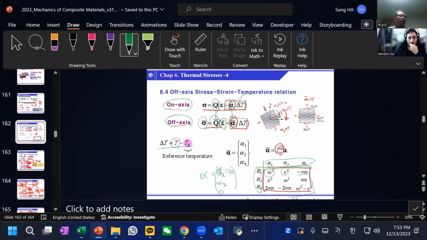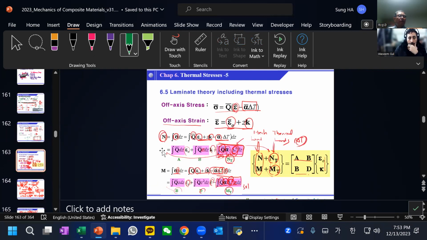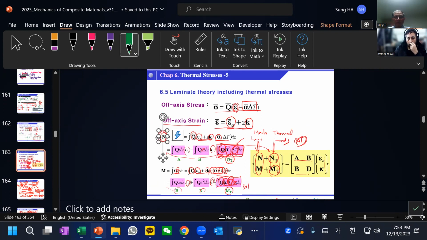Next are the definitions of the in-plane loads N and M, which are the same as before.